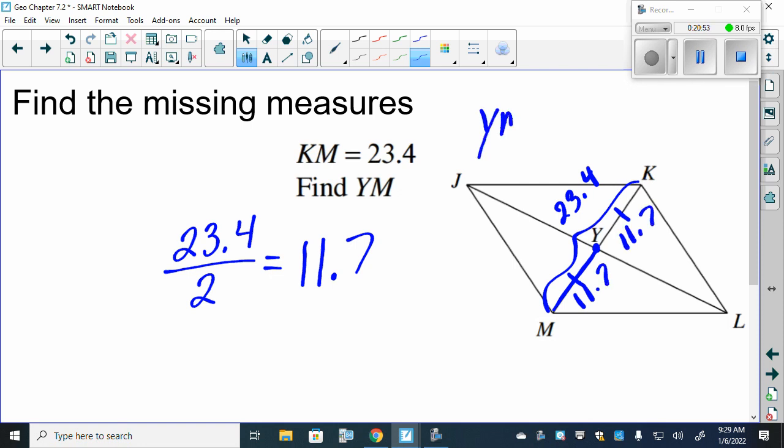So YM is 11.7. And the reason we don't put a line segment over YM is because we're talking about its measure, not the line itself. Questions on this here?